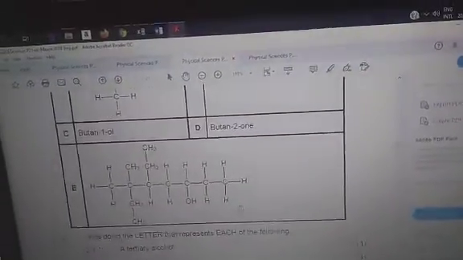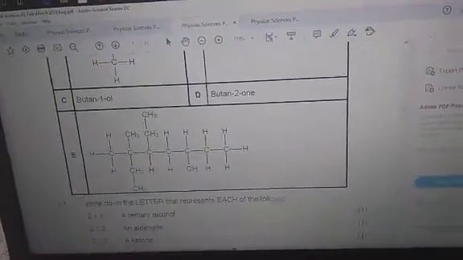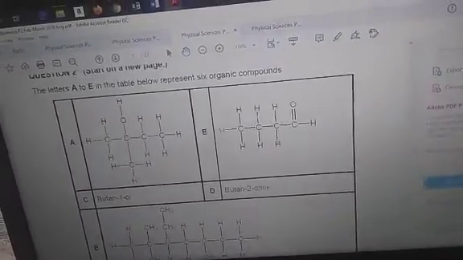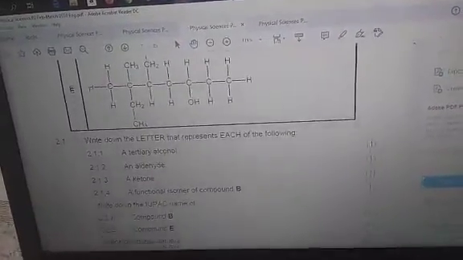Let me think about it. I don't know whether we included the last name. We'll see on the solution. I don't remember how we name a compound with an aldehyde group. Okay, we'll see on the solution. That's fine.